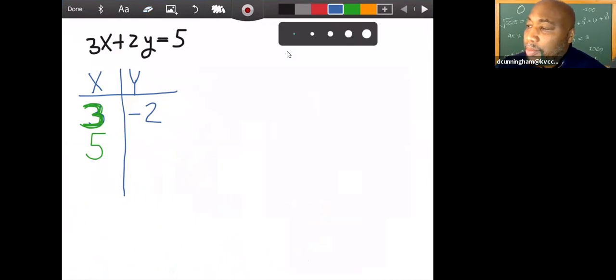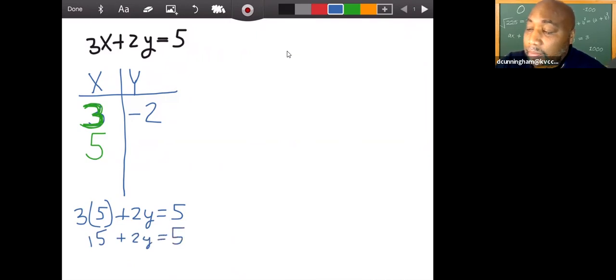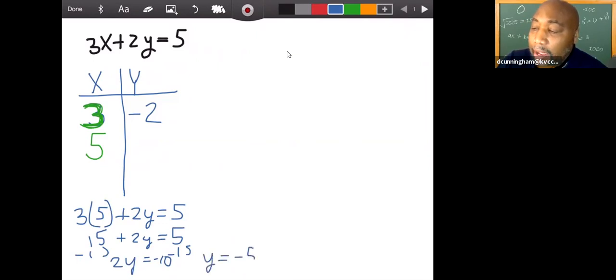And we'll put the work in blue. So this gives me 3 times 5, we're substituting the value, plus 2y is equal to 5. So 3 times 5 is 15, plus 2y is equal to 5. And then we subtract 15 on both sides. This is 2y is equal to a negative 10. Therefore, y is equal to a negative 5.